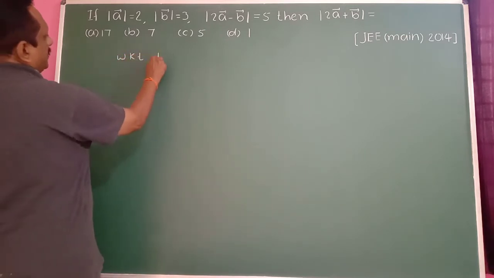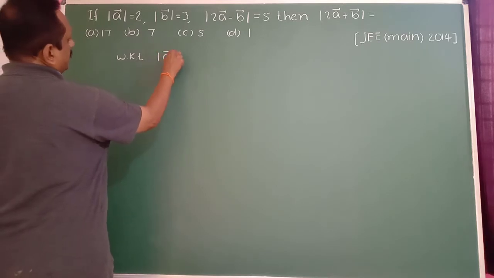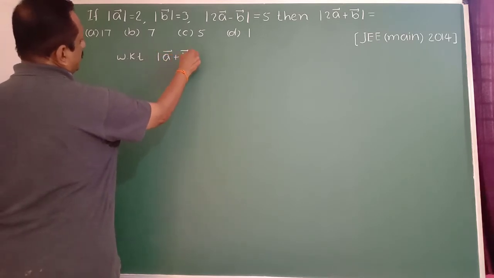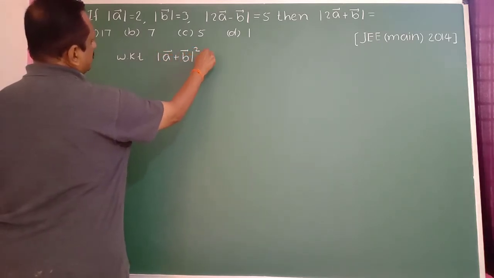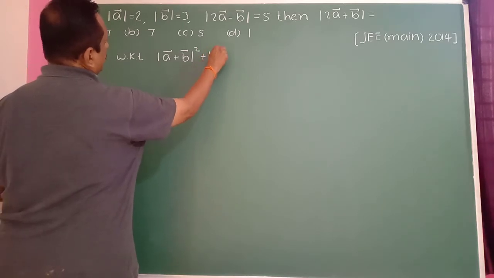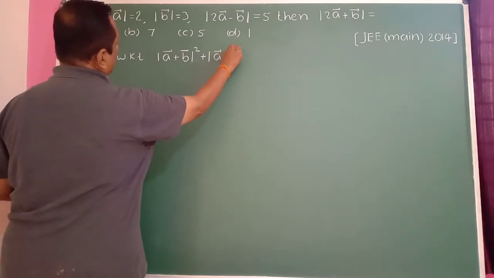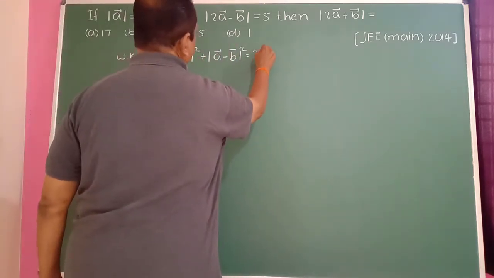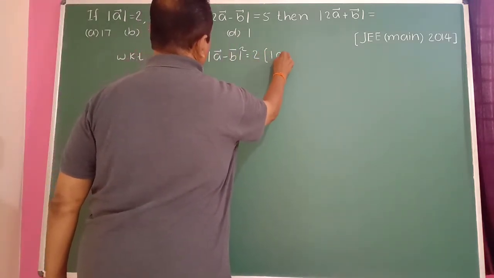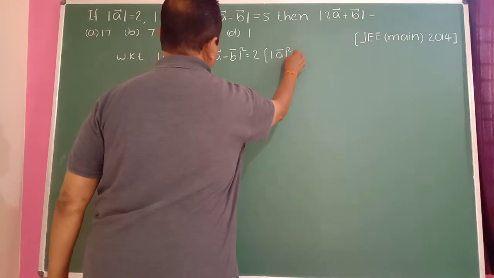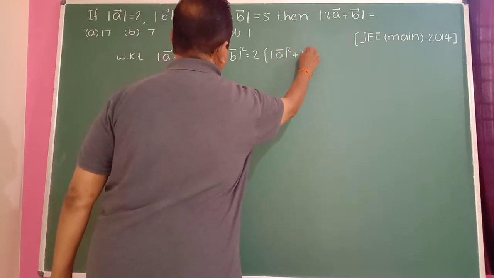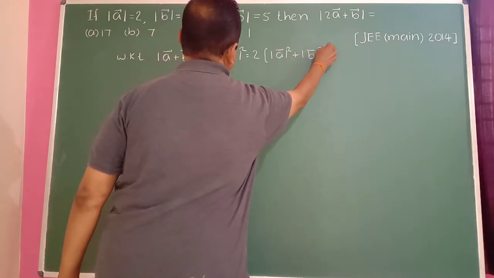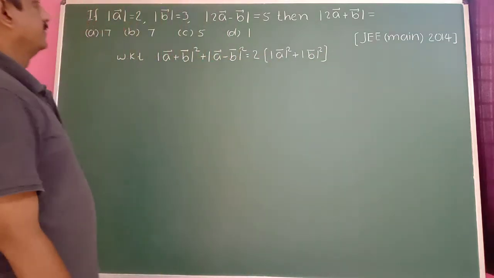the formula: modulus of a bar plus b bar whole square plus modulus of a bar minus b bar whole square is equal to 2 times modulus of a bar square plus modulus of b bar square. Okay, this is the formula.